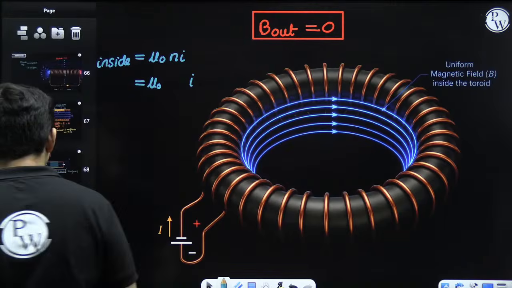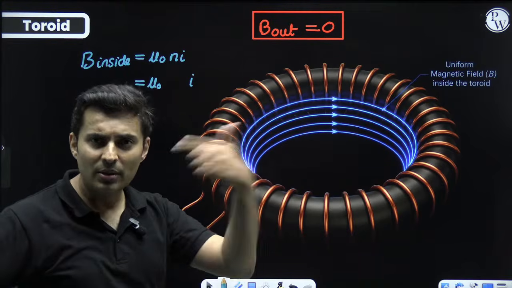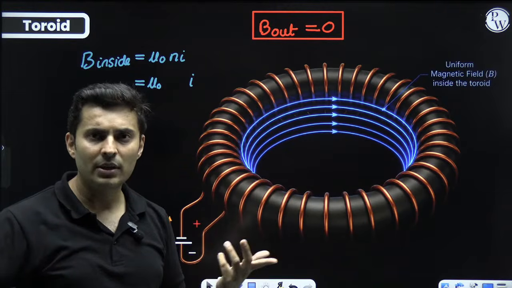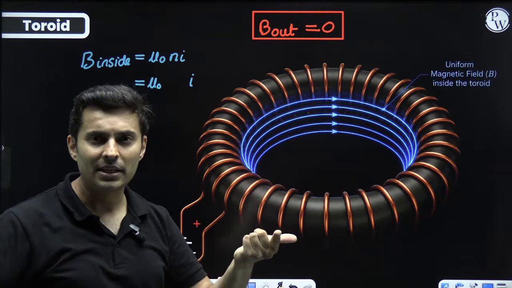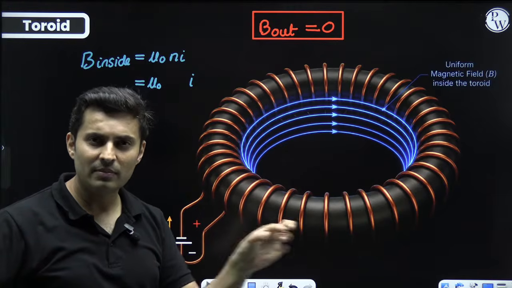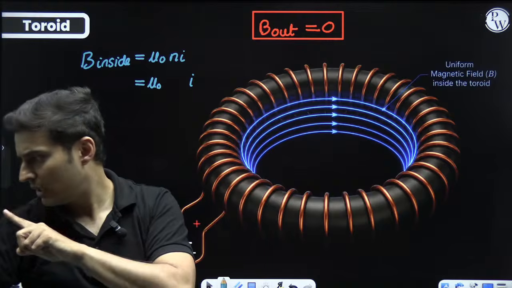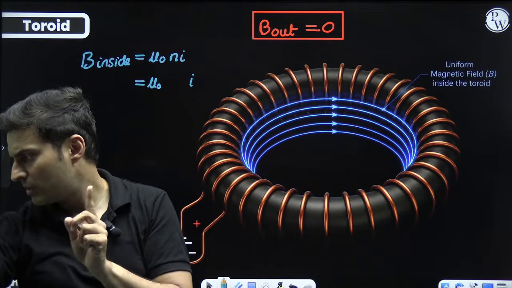See, if it is not a very, very long solenoid, even if it is a finite solenoid, usually you are given the number of turns and the number of meters there are. So from that you can get it. Achha, you are talking about the length of the wire. But even if the length of the wire is given, you need to know the spacing between the wires and all of that. So I'm not really sure why you wrote that 1 by 2 pi r formula. I don't think that is the right one.